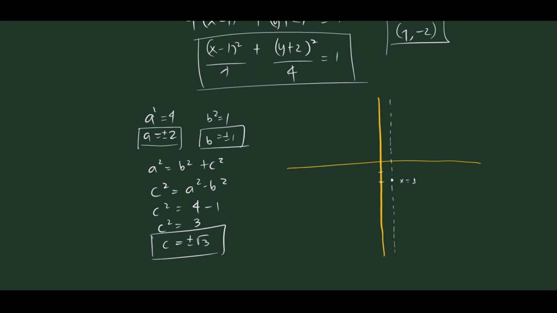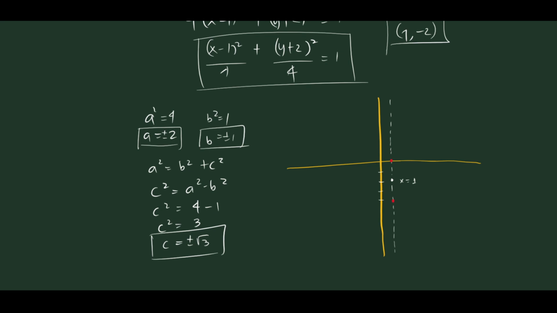In order to find the vertices, we need to add positive and negative 2 to the y component, -2. So -2 plus 2 would be 0 right here. This would be our vertex, and also -2 minus 2 would be here at -4. So these are our vertices.